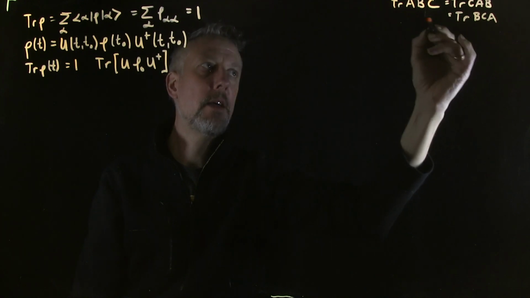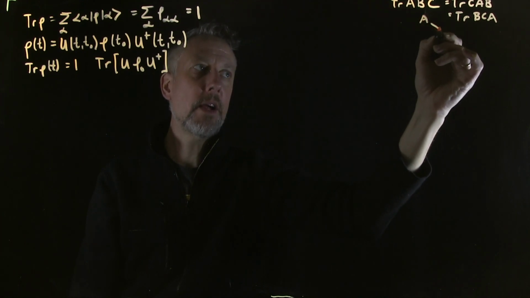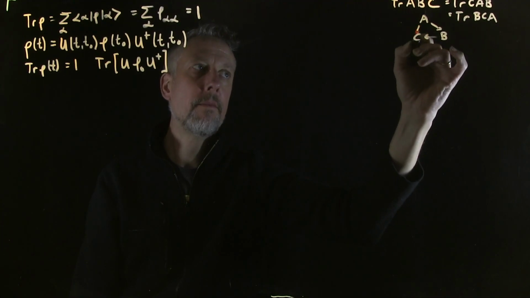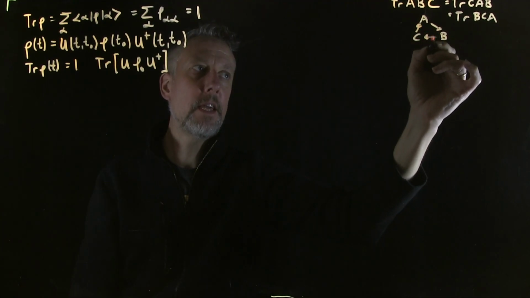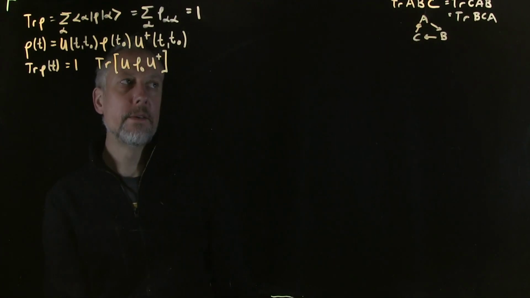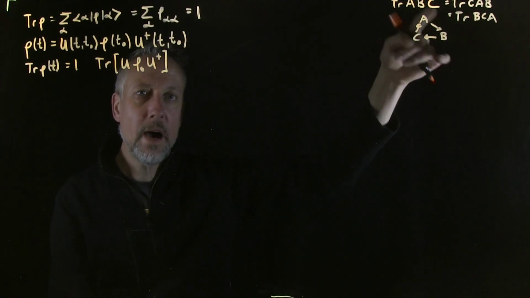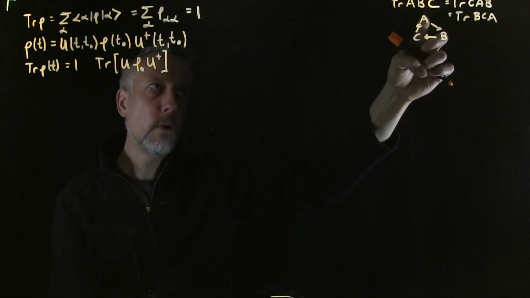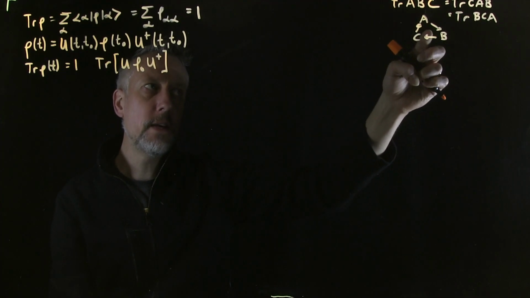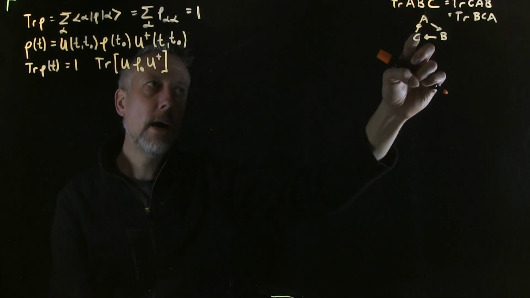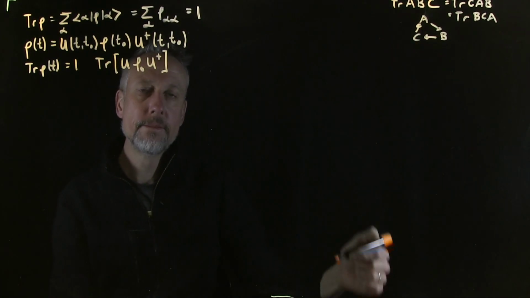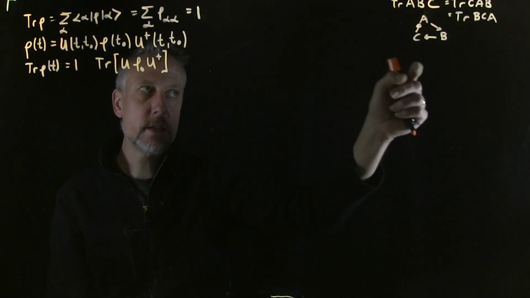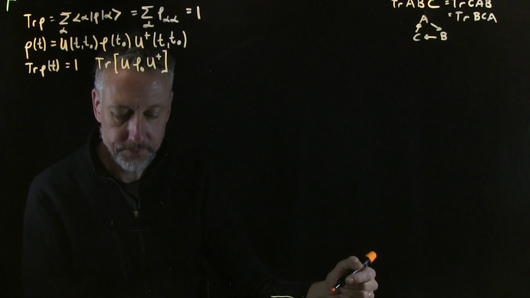How do I know that? If I write them in a triangle like this, as long as I keep the order on the triangle, I can permute them however I like, and the trace will be equal no matter what I do. So ABC equals BCA, as well as CAB. If you have more than three operators, you can just break it into chunks, and it still works this way.